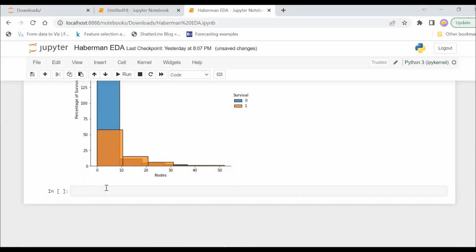And we can try to figure this out by the group by function as well.